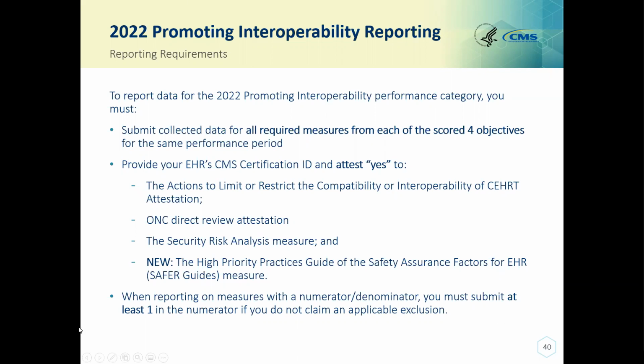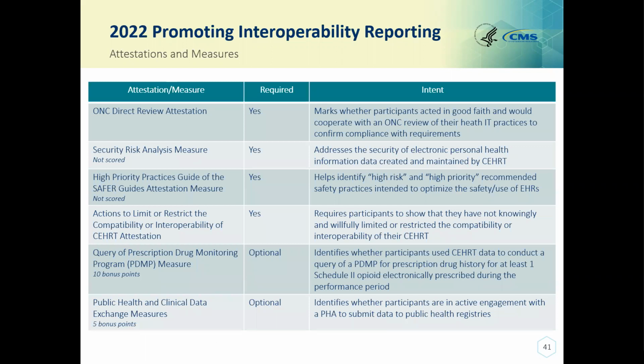And for the scored measures, if there's a numerator and denominator, there must be at least a 1 in the numerator if you do not claim an applicable exclusion. Next slide, please. So this gives you a little more detail about each of the attestations that I just mentioned.